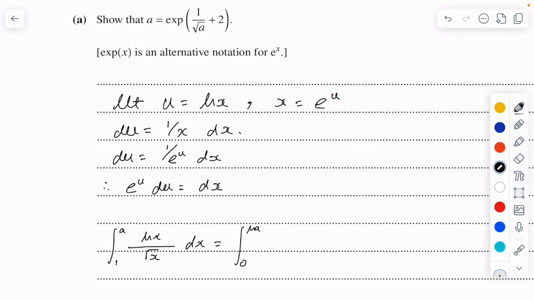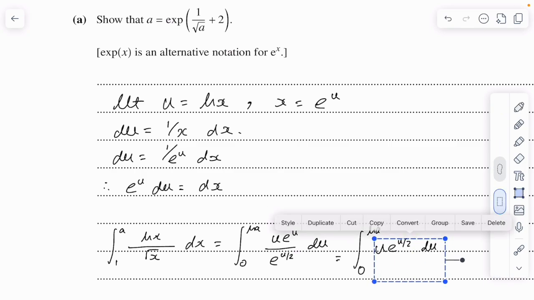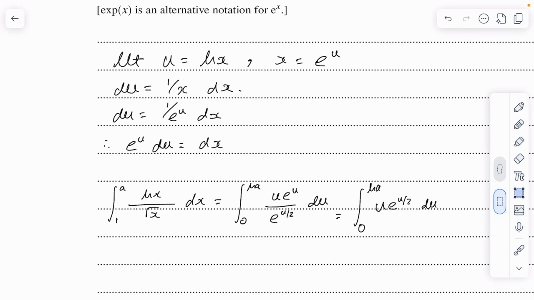That equals the integral of u e to the u over 2 du, which is therefore going to equal the integral with ln a at the top, 0 at the bottom, of u e^(u/2) du. Okay, perfect.